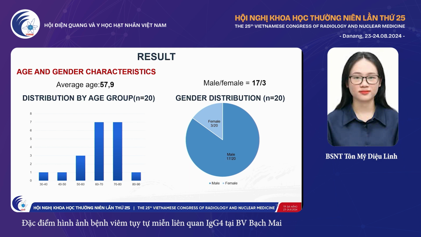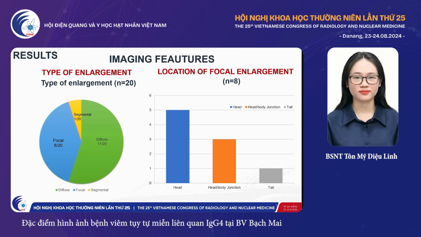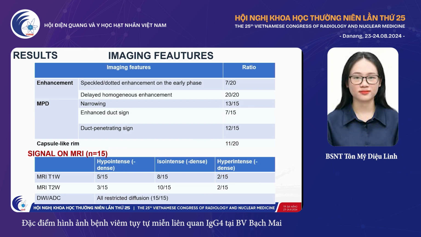And the result of the study is that the disease is mainly distributed in males more than 60 years old. And the most common enlargement form is the diffuse form, and the next is focal with 8 patients. The most common location in the focal form is the pancreatic head.